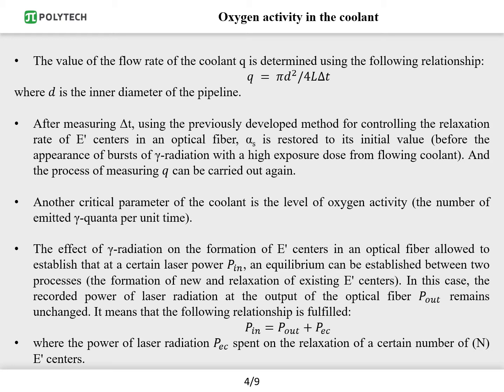a certain laser power can be chosen where an equilibrium can be established between two processes, the formation of new and relaxation of existing E-centers. In this case, the recorded power of laser radiation at the output remains unchanged. So the following relationship is fulfilled.